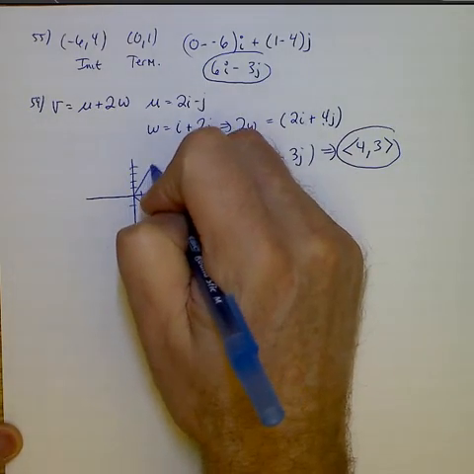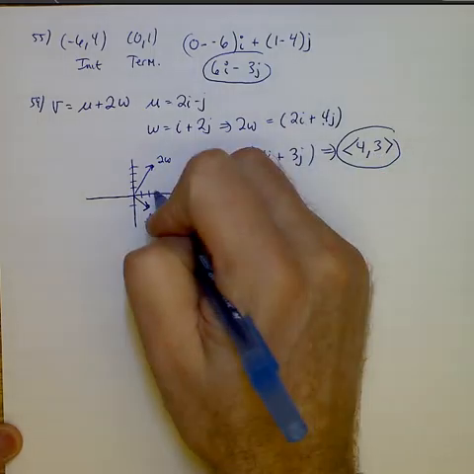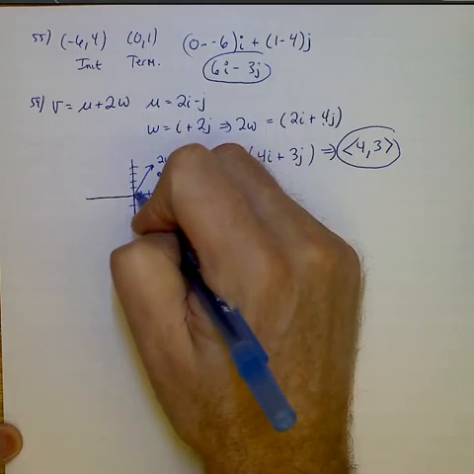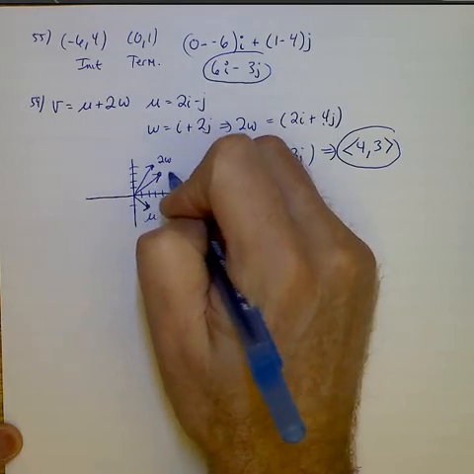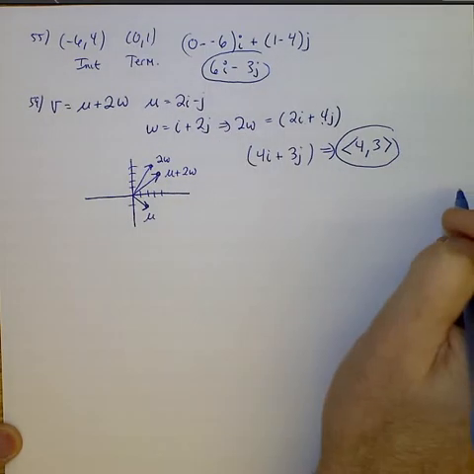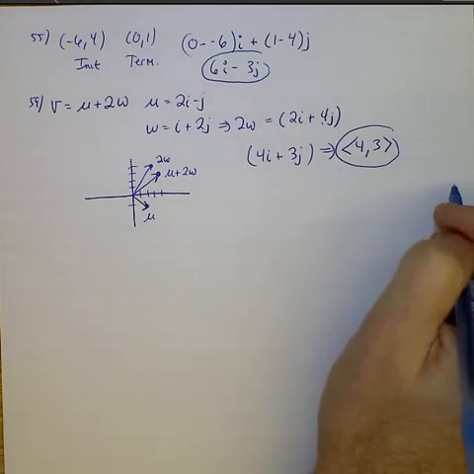So this is u, this is 2w, and the result is 4 comma 3. Put that right there, and that's going to be u plus 2w. So that's how you would do number 59.